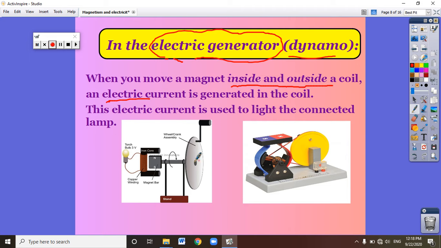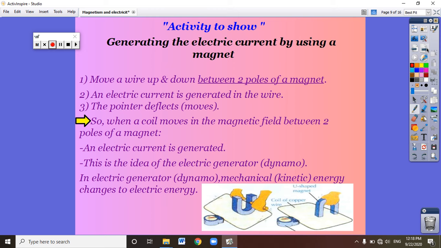Here, as you can see, that's the magnet and that's the coil of copper wire. By this thing we move the magnet, so there is an electric current generated and it lights this lamp. So in the dynamo or the electric generator, the kinetic energy changes into electric energy.